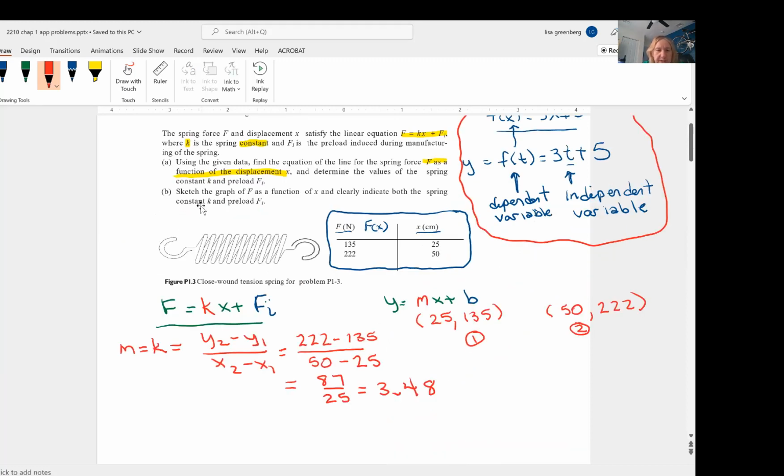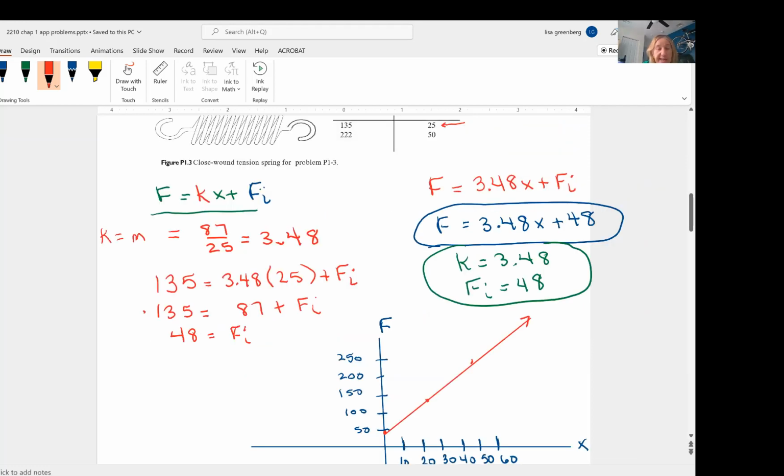So let's just make sure we did everything: sketch the graph of f as a function of x, and clearly label both the spring constant k and the preload f sub I. Well, I did not label anything. So I can label this point here on my graph. This is f sub I because it's the initial position of the spring when x is 0, when there's no displacement.